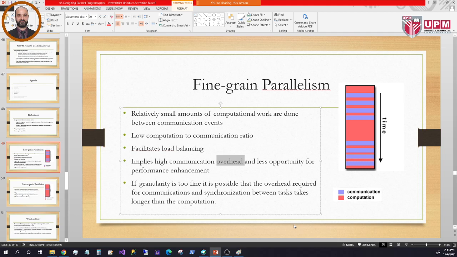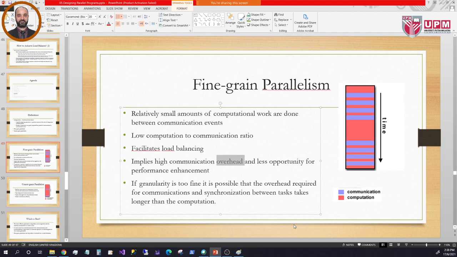Breaking the program into very small pieces of code is not always a good thing. If we increase the granularity to a very fine level, then the increase of communication overhead will also hinder the speed of the program. So we always have to find what level of granularity we have to stick to.